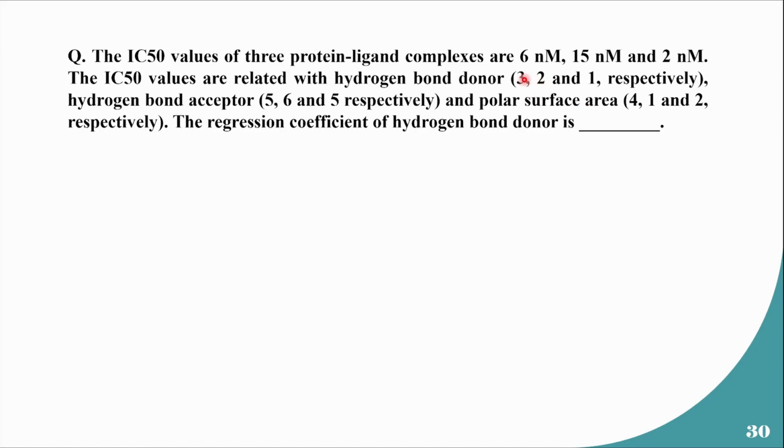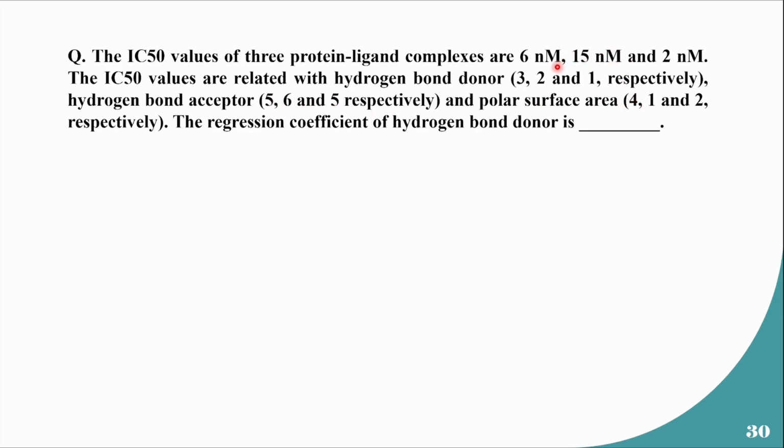So the first value of these brackets or this parenthesis will correspond to the first value of the protein ligand complex IC50, right? So for example, for 6 nanomolar, we will have 3 hydrogen bond donor, 5 hydrogen bond acceptor, and 4 polar surface area score.